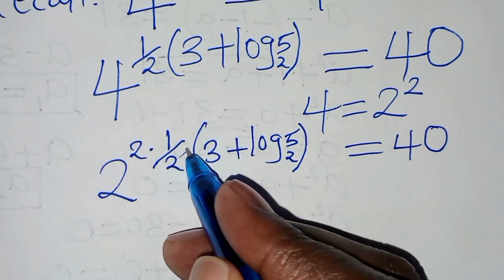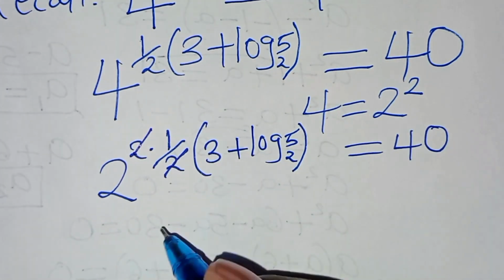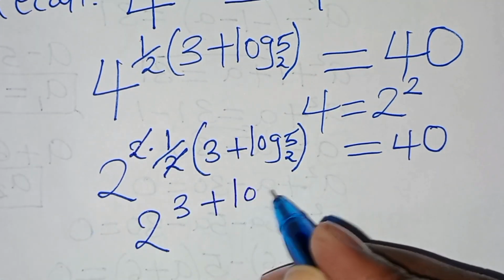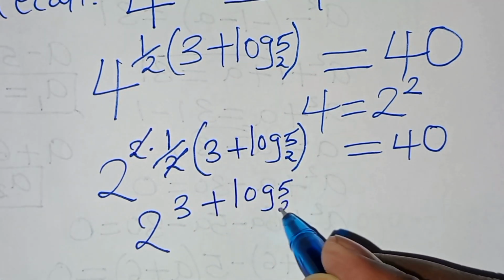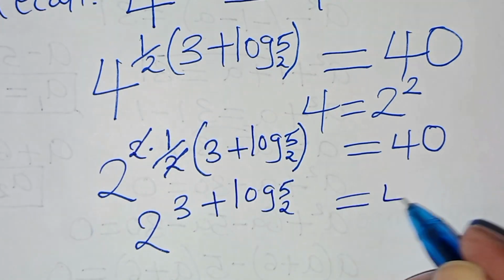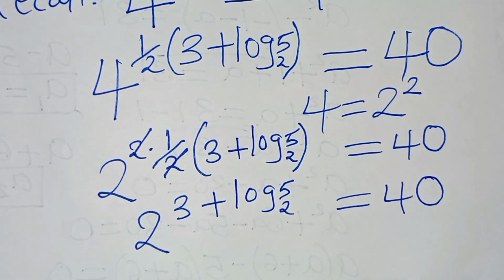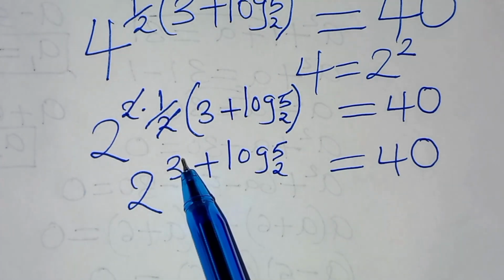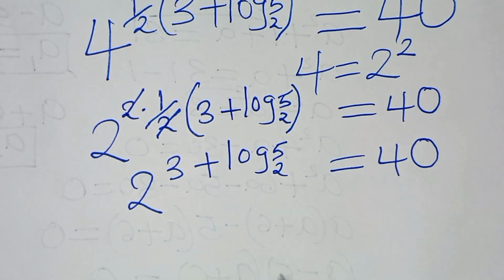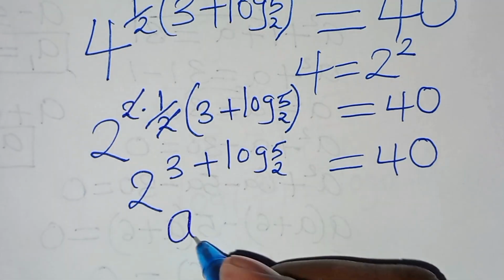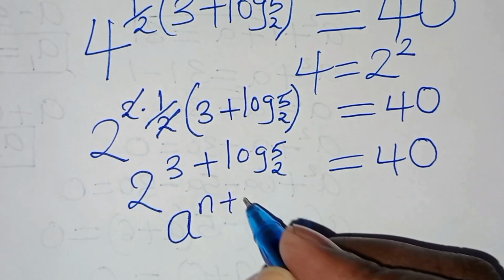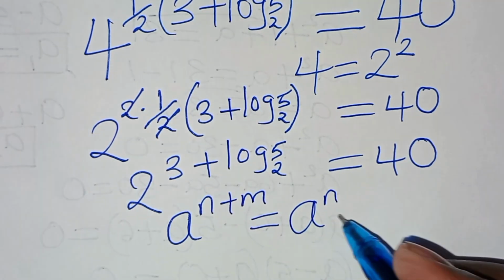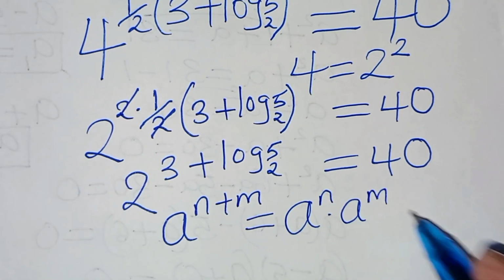Let's simplify here. 2 and 2 simplifies so that now we have 2 to power 3 plus log 5 to base 2. This should give us a value of 40. Now, 2 to power 3 plus log 5 to base 2, this is in the form of a to power n plus m, which we can express as a to power n times a to power m.